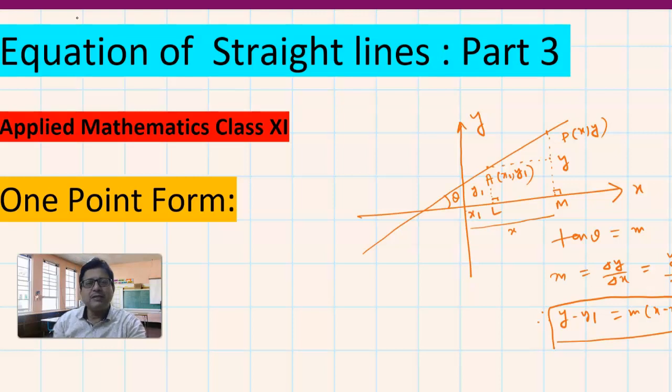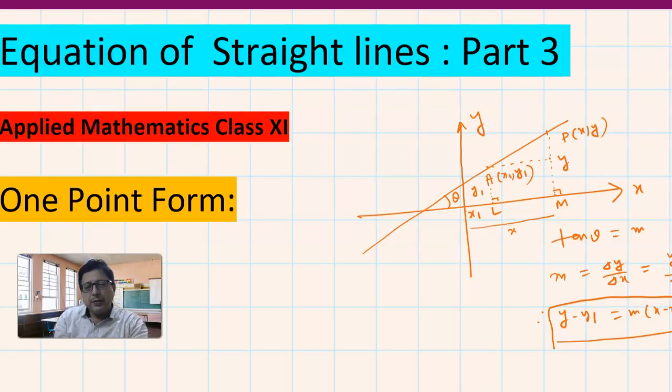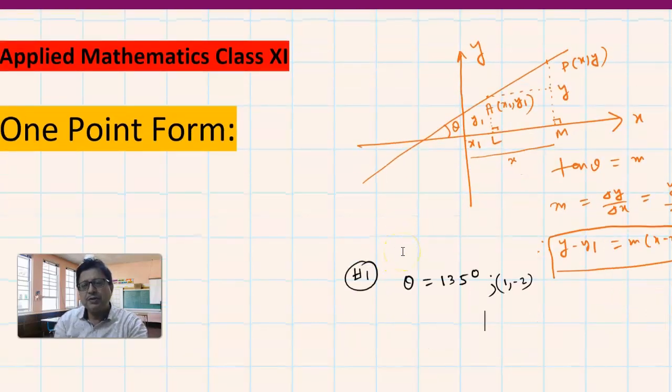So let us take one example where equation of line we are going to find. A line makes an angle 135 degree with x-axis and passing through the point 1, minus 2. What is the equation of the line? We first find slope of the line. m means tan 135 degree.